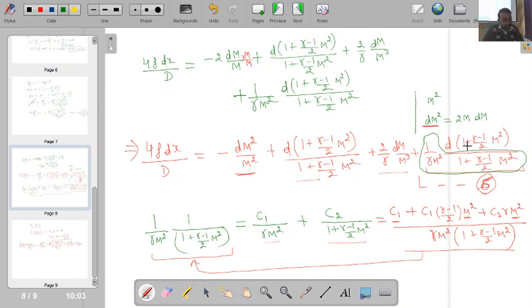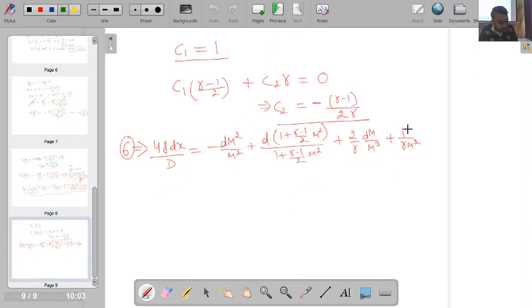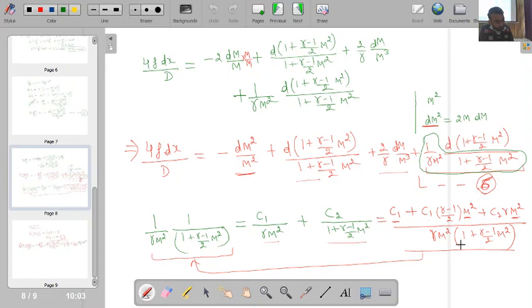Okay, so if I take d of 1, that will be 0, (gamma minus 1) by 2 will be constant. Is this point clear? (Gamma minus 1) by 2 will be constant, and this will become d of m square. So here I will get 1 by gamma m square into (gamma minus 1) divided by 2 and d of m square. Is this point clear? Then after this I have C2 divided by 1 plus (gamma minus 1) by 2 m square.